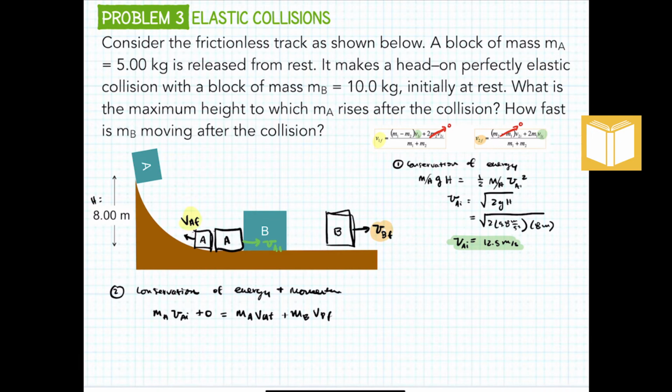You can't really solve that by itself, but then you could add 1/2 MA VA initial squared is equal to 1/2 MA VA final squared plus 1/2 MB VB final squared.